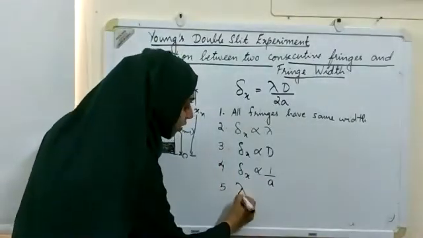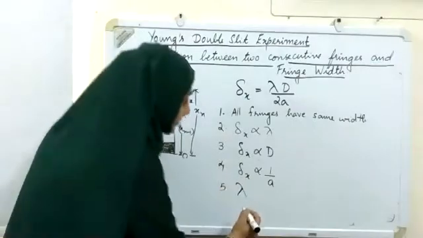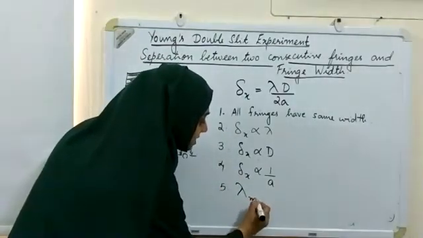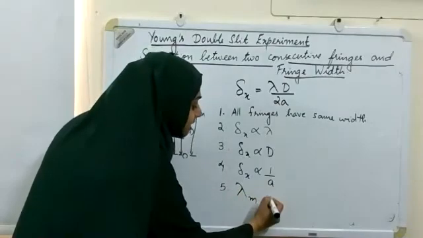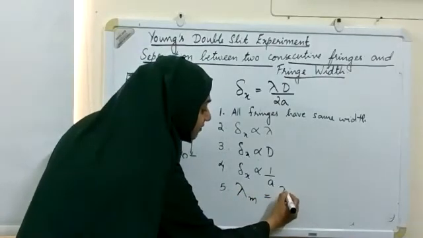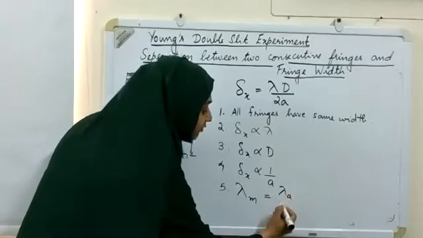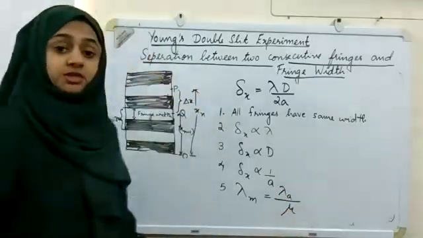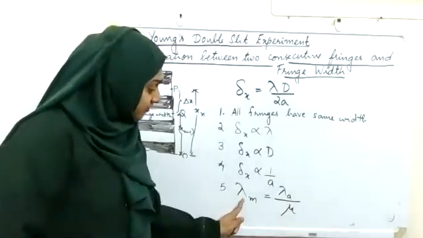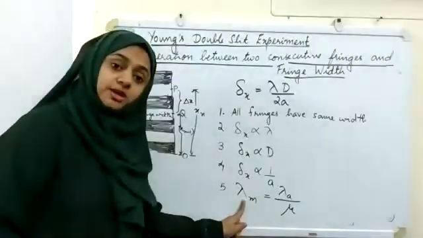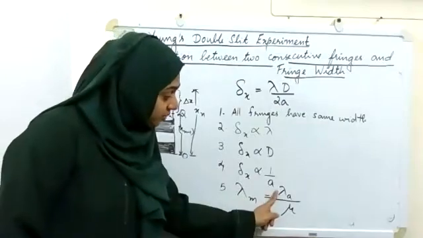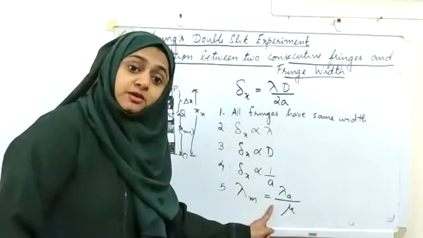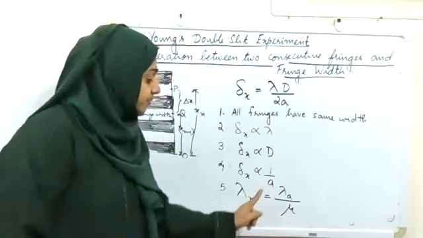The wavelength in the medium is equal to the wavelength in air or in vacuum divided by the refractive index of the medium. So the wavelength of a light in any medium is equal to the wavelength of the light in air or vacuum divided by the refractive index of the medium.